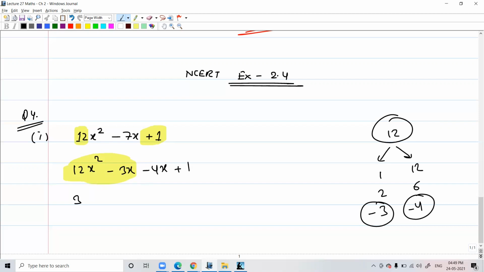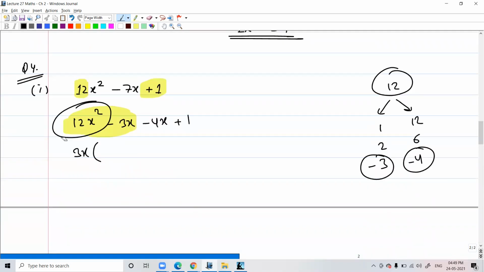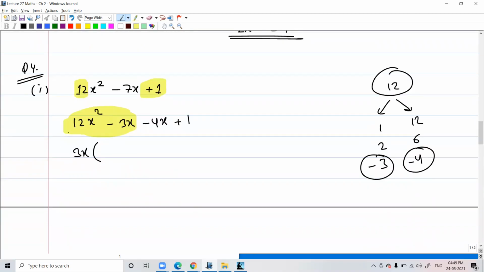So let's take the x common. Once 3x is out, what is remaining in this 12x square? 4x minus 1. In this one it is 4x and there is a 3x which has gone outside, so only -1 will be remaining.